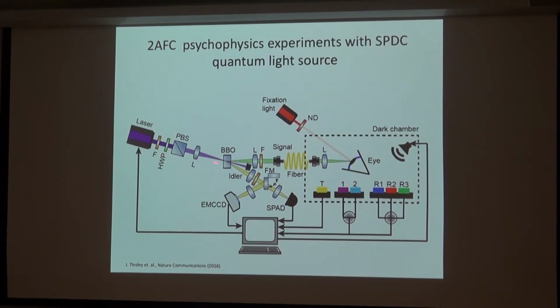And this is the layout of the system, and that's how it was realized. You have your UV light at 261 that comes to the BBO. You have the green photon sent to the subject's eye, and the yellow one being detected by the EMCCD camera.